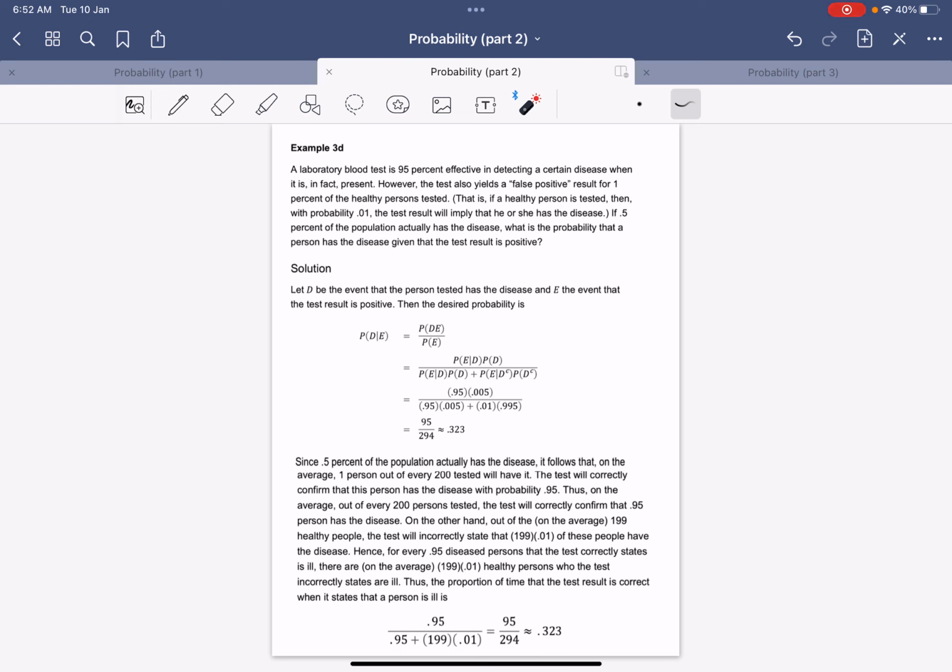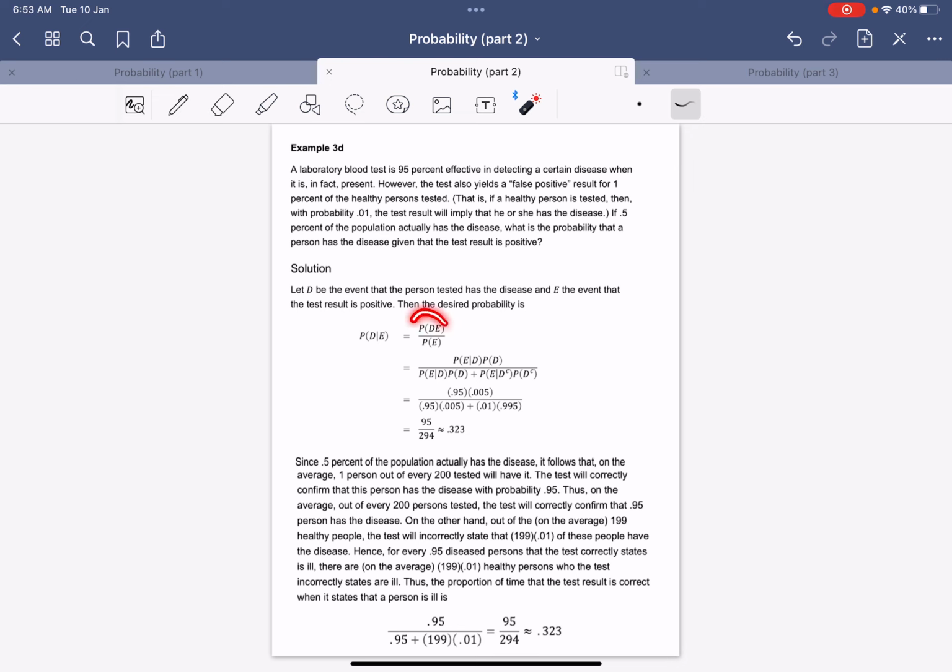So in this case, you know the probability of a positive test result given that the person is healthy is 0.01. But now we want to flip it around. So we want to know the probability of having the disease given that the test result is positive.